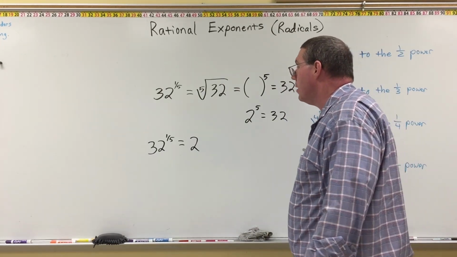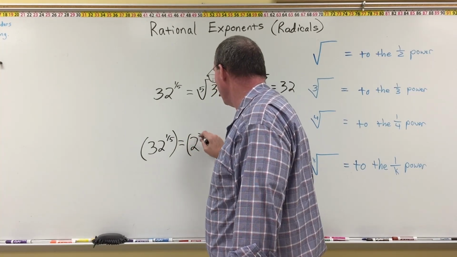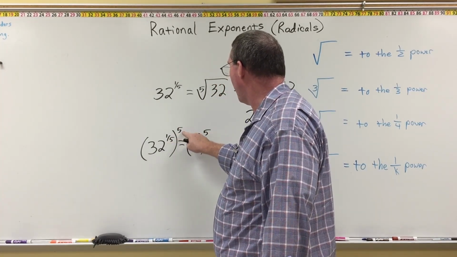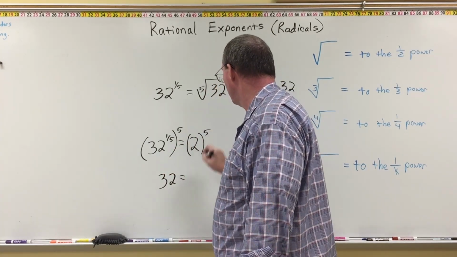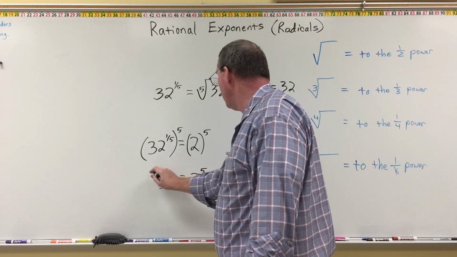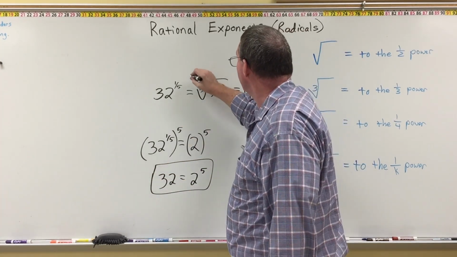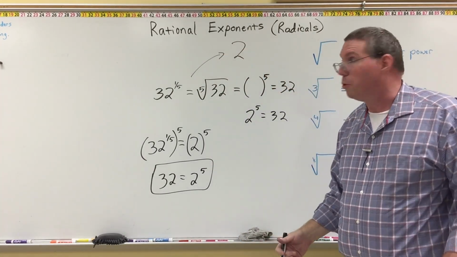And we know that this is true because if we raise both sides to the 5th power, 1/5 times 5 is 1, and so 32 is equal to 2 to the 5th power. Well, we know this is true, and therefore the answer to this question is simply 2. That's it.